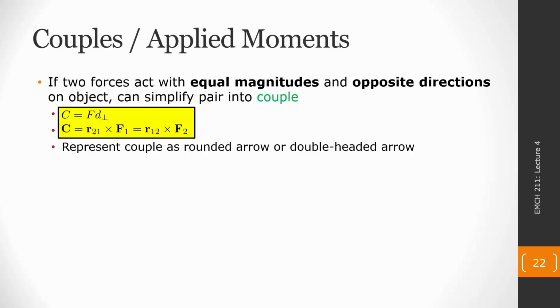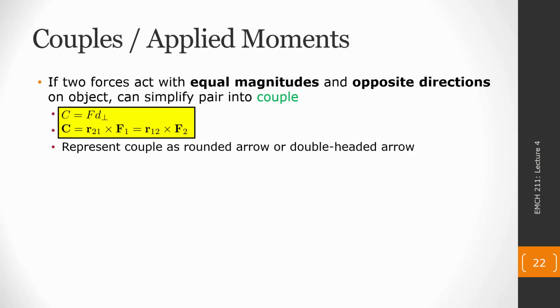Or as a double-headed arrow, which is pointing along the axis about which this couple is acting. And oftentimes in 3D, this is going to be a better indication about the direction of the couple, as it can be confusing to look at the rotated arrow and ask, is this really representing a clockwise or counterclockwise twist?